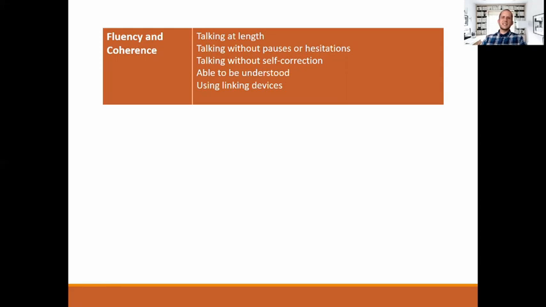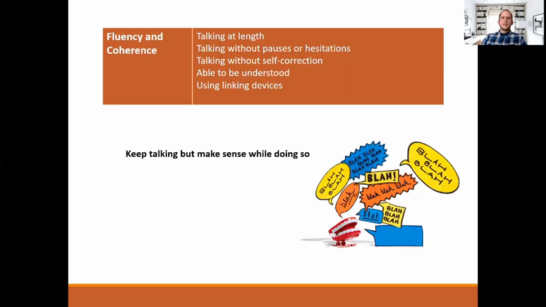Is it just sentences we're hearing, or is there some kind of linking devices being used which gives some structure to the talk? Basically, if we sum all of this up, you need to keep talking, but also at the same time make sense.